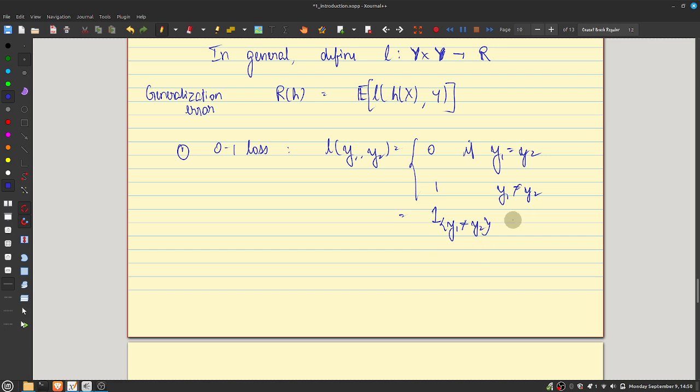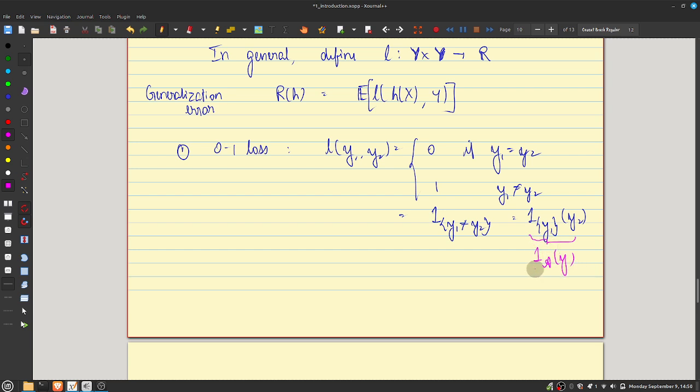Sometimes I will use the following notation: indicator y1 of y2. The reason why I'm using this particular notation is that it is a particular form of the following notation, indicator of some set A of y.